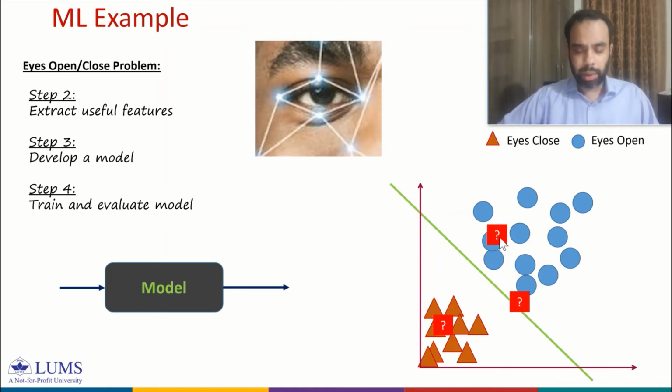For this photo, you can say that the eyes are open, in this image the eyes are say 50% open, 50% closed. Here the eyes are almost 90% closed or 10% open, something like that, right? So this is just to give you an illustration of how we solve problems in machine learning.